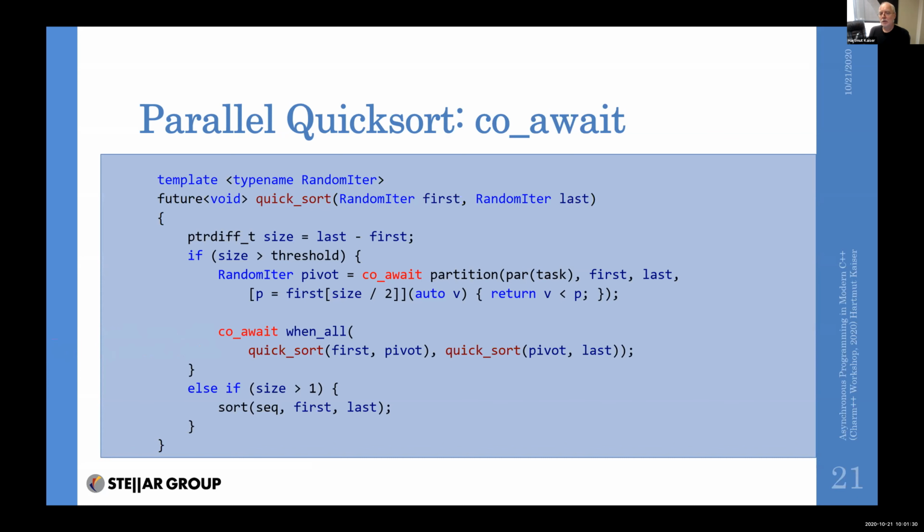So it is a compiler-based transformation of your function where whatever comes after the co_await expression is attached as a continuation to the operation you're co_awaiting on. It's essentially a .then to the future that is returned from partition. The same is true for the future that is returned from when_all. So in this case, it attaches an empty continuation because there isn't anything afterwards.